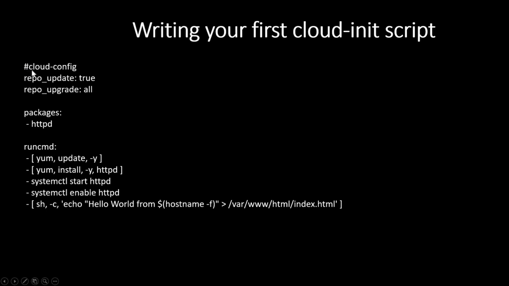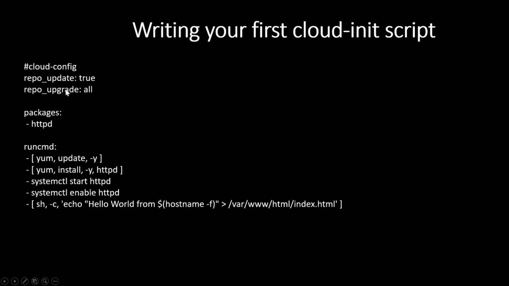Through this line it is identified that the commands are Cloud-init directives, and repo_update: true. This line instructs the package manager to update the repository indexes to make sure that it has the latest information about available packages. And repo_upgrade: all.